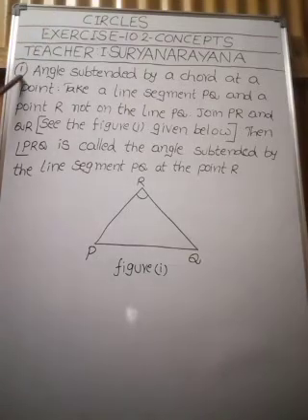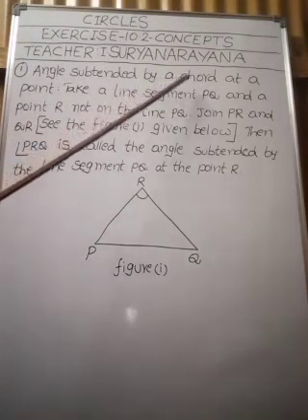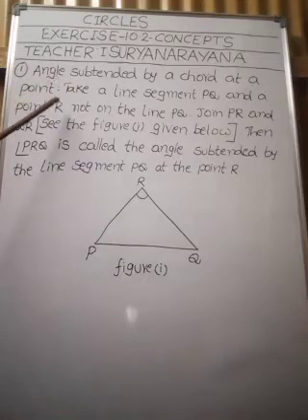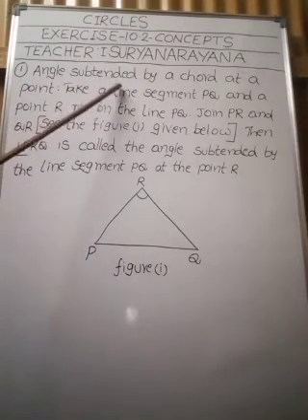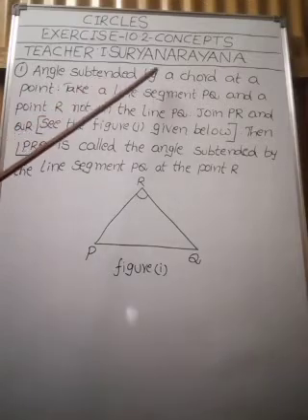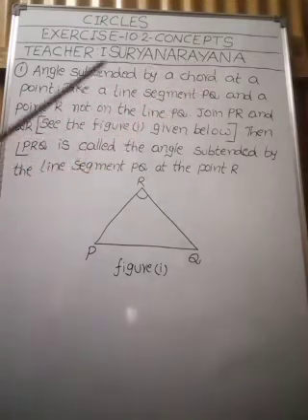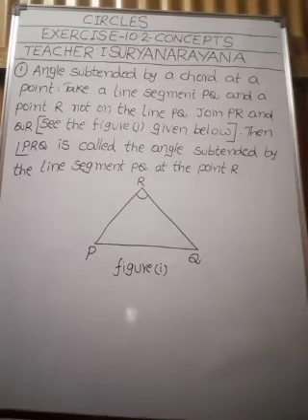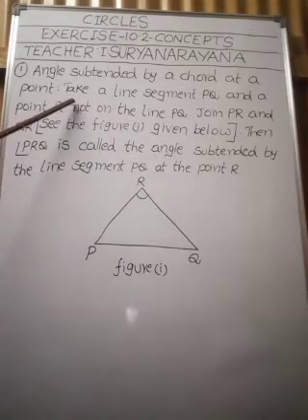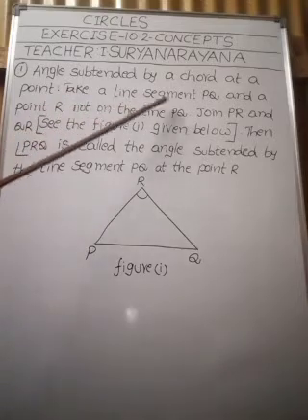Right. See the first point, angle subtended by a chord at a point. Before going to define the angle subtended by a chord at a point, first let us define the angle subtended by a line segment at a point. Take a line segment PQ.